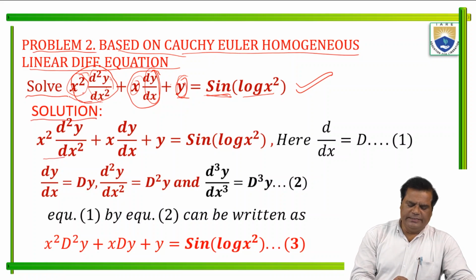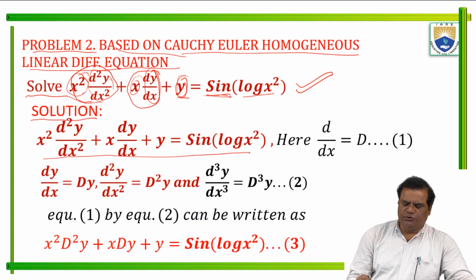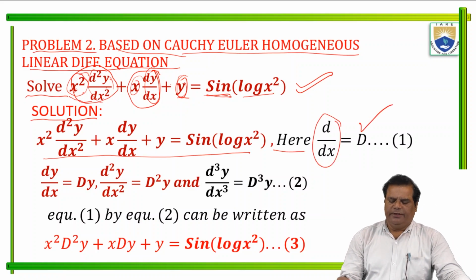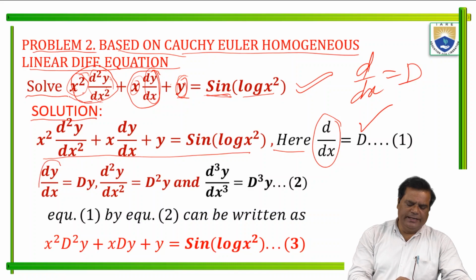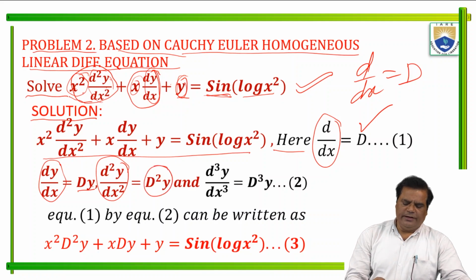Solution: we write the same question. This is equation 1. Here d over dx is capital D. So dy dx is Dy, d2y dx2 is D square y, and d cube y over dx cube is D cube y.